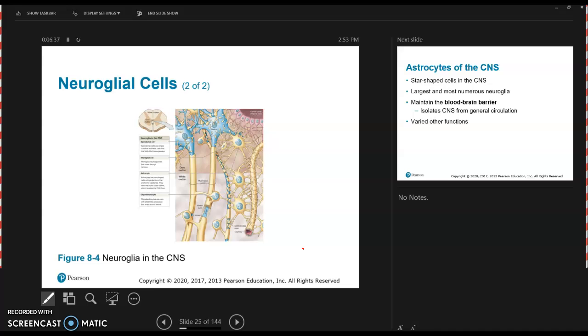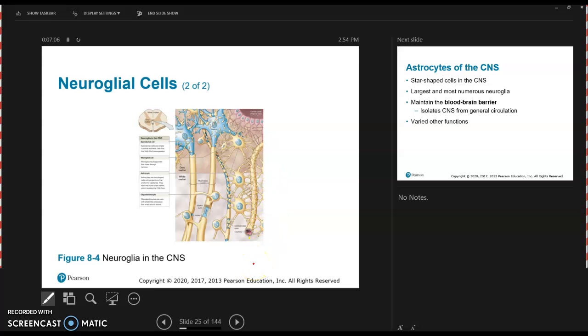And once our nerves get harmed, we just learned that they're not capable of dividing, or that it's very difficult for them to divide and repair. So the astrocytes form that blood-brain barrier that helps protect our neurons and our nerve fibers. And the oligodendrocytes form wrappings, or myelin, around some axons.